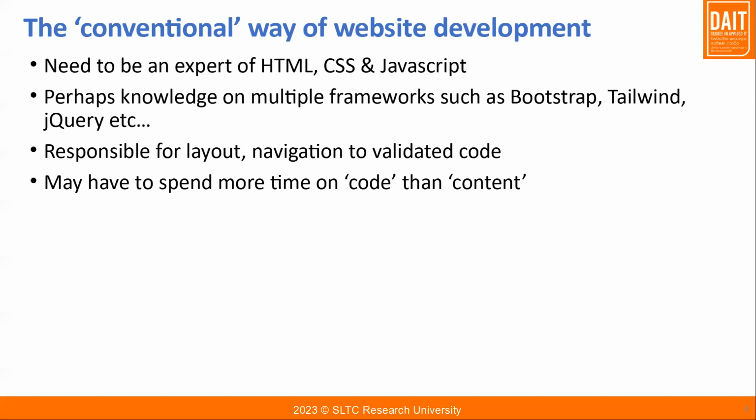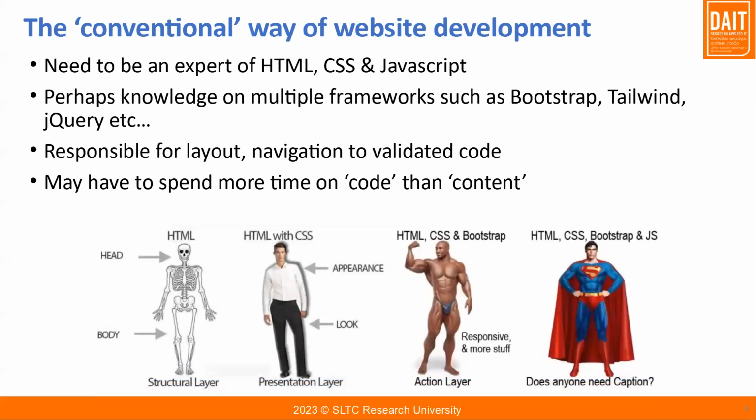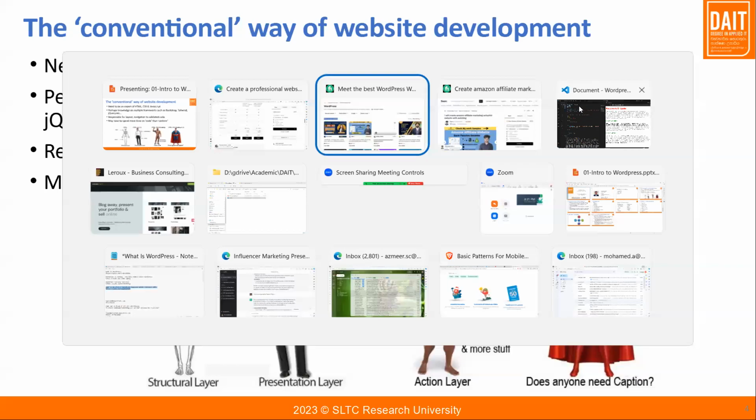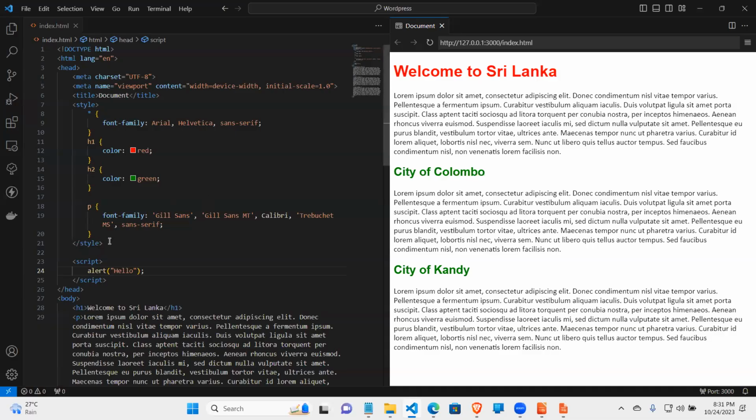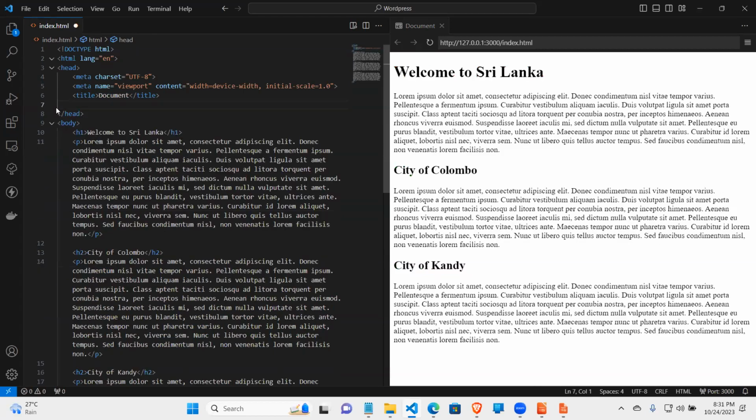Right? So this picture shows our progression. If you only learn HTML, you are here, at the far left. It's called the structural layer. HTML only gives structure, right? If you look at my code here, if I remove my style, if I remove this whole thing, there, it only has a structure.